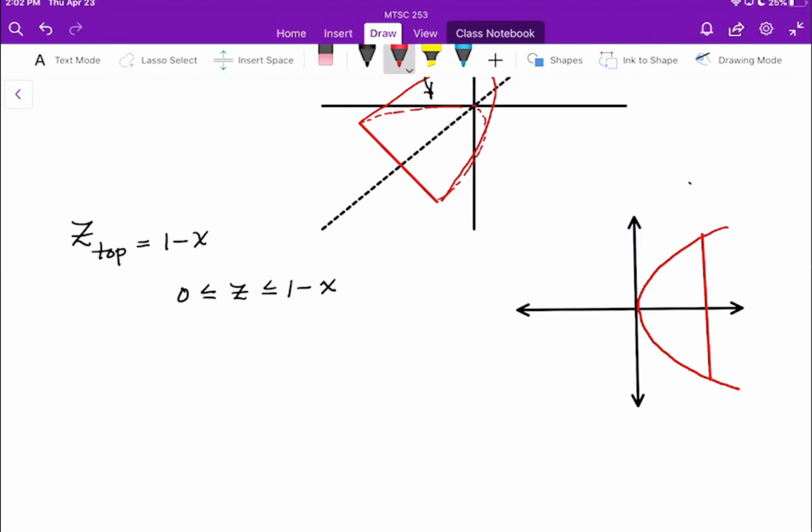The only part that I'm concerned about is this piece right under here on the ground.